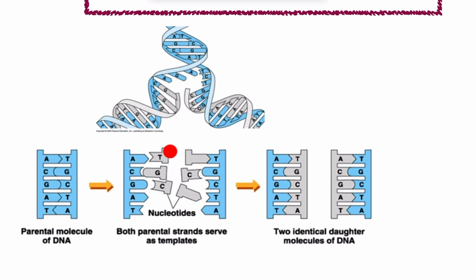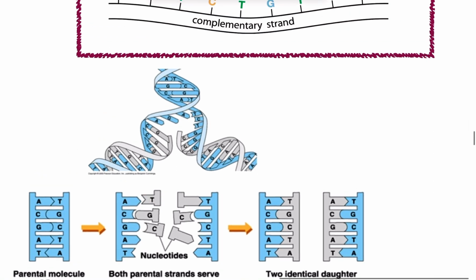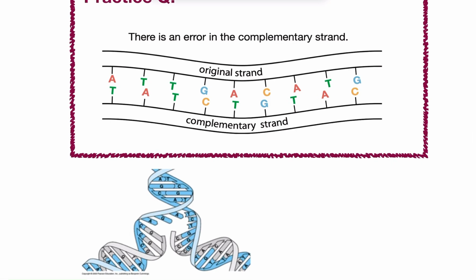Now what can happen is, in this process where these free-floating nucleotides attach, sometimes the wrong one will sit there and get stuck, and it doesn't belong. So here's an example right here of the original parent strand, and then this is the new complementary strand. That'd be the gray side on that picture.